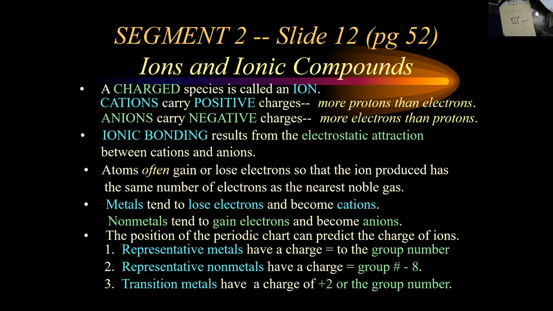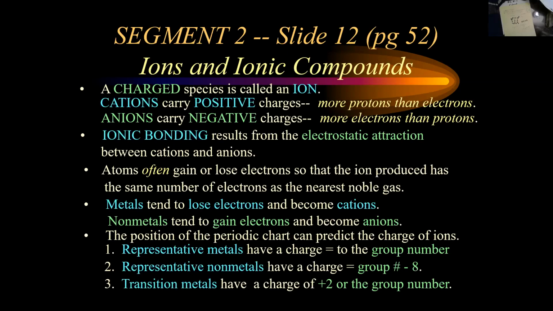Then you go all the way over to the end and you get copper, which is now +1, and zinc, which is +2. The copper family is 1B and the zinc family is 2B. Their charge is going to be either +2 or their group number. Again, you expect copper to be either a +2 or a +1 because it's in group 1B.